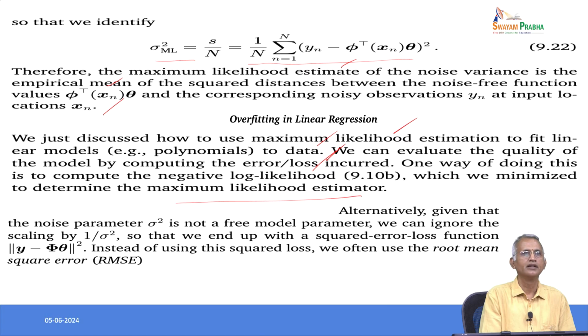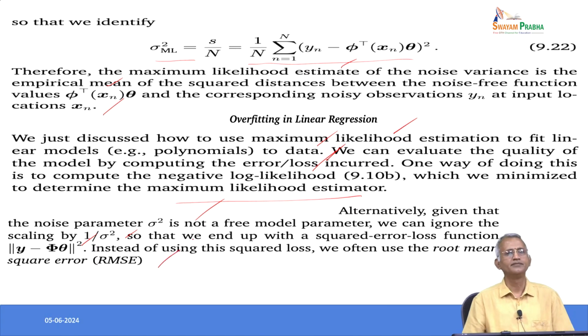Alternatively, given that the noise parameter sigma square is not a free model parameter, we can ignore the scaling by 1 by sigma square, so that we end up with a squared error loss function of norm of y minus phi theta squared. Instead of using the squared loss, we often use the root mean square error, RMSE.